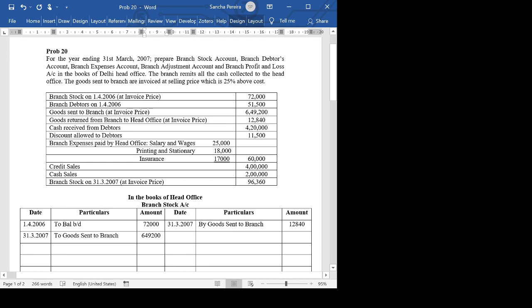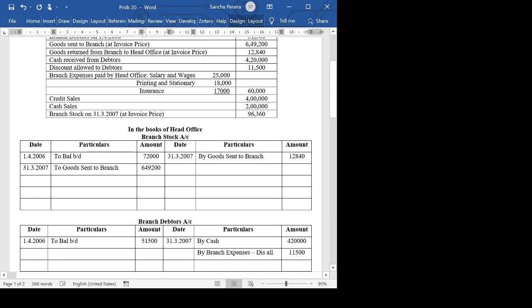And then we have the credit sales, 4 lakhs. Credit sales will affect the stock account as well as the debtors account, and hence we have to show it in both. So in the stock account, since goods are going out, it will be by branch debtors, in brackets just to identify what it is, credit sales, which is 4 lakhs.